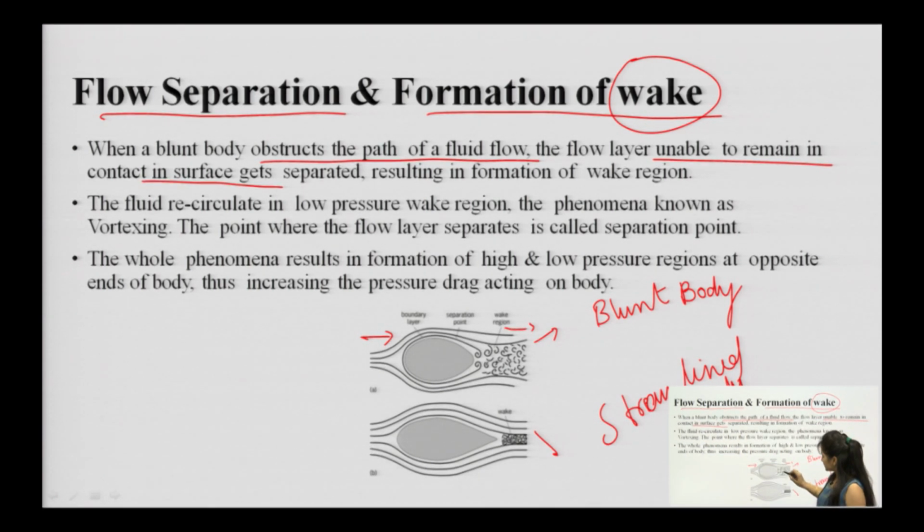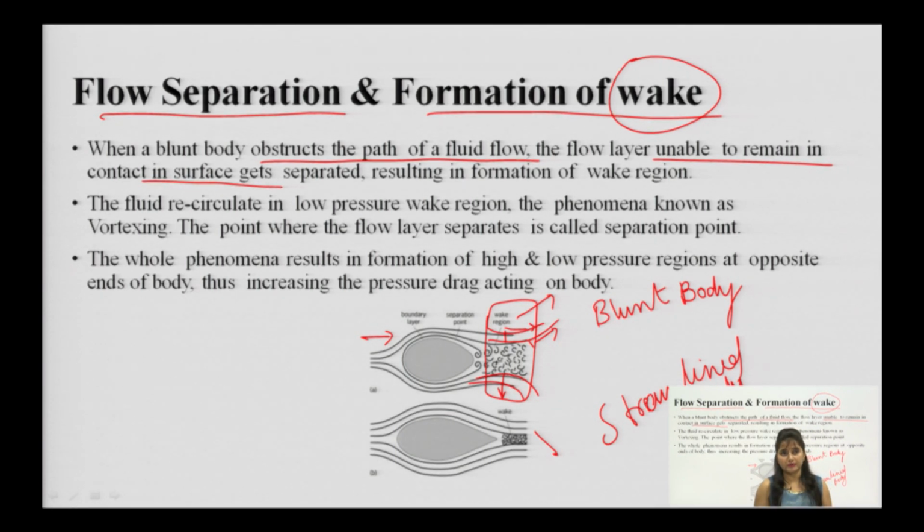So, here you can see that these layers get separated, they are not in contact with each other, and hence they result in a separation of region, and that separated region is known as the wake region. So, this portion where these lines are separated is termed the wake region. And then the fluid recirculates again in low pressure.